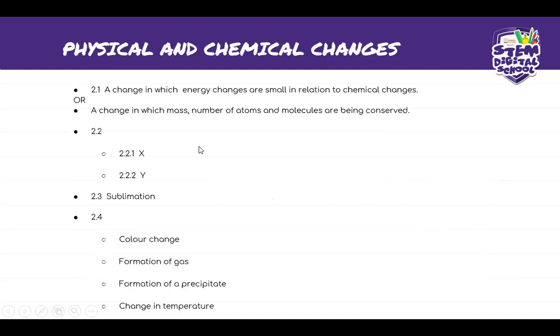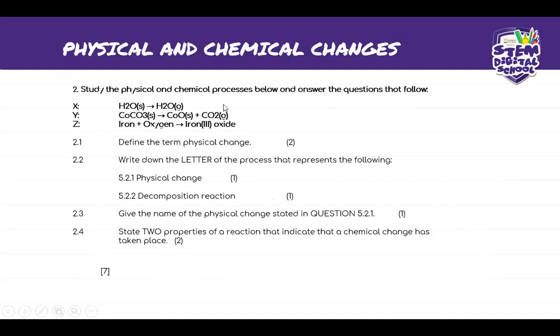Because of the law of conservation of mass, the mass of CO2 is this one minus the mass of that one. If you don't understand, send me a chat now and I'll go back and explain it again.